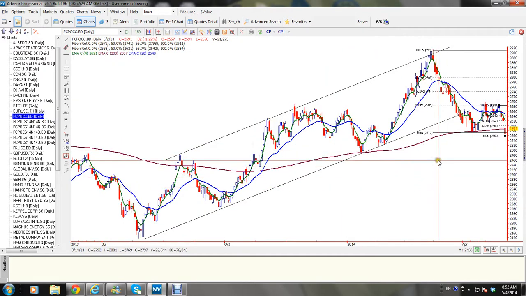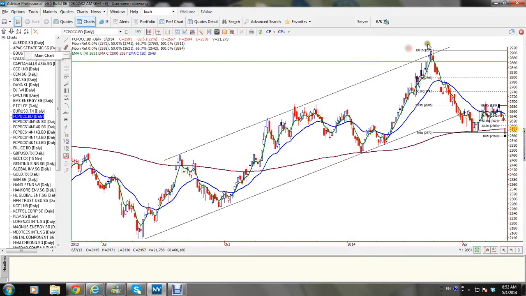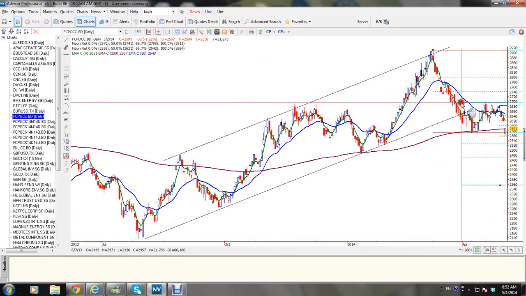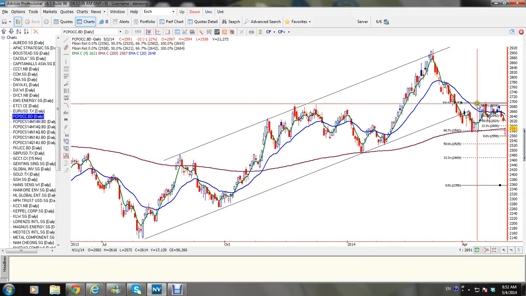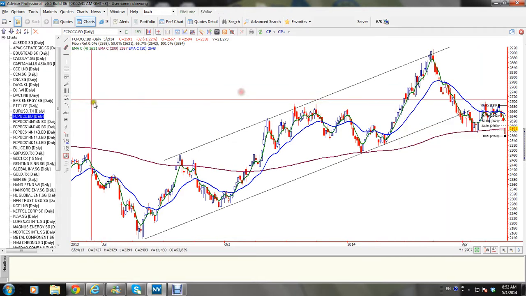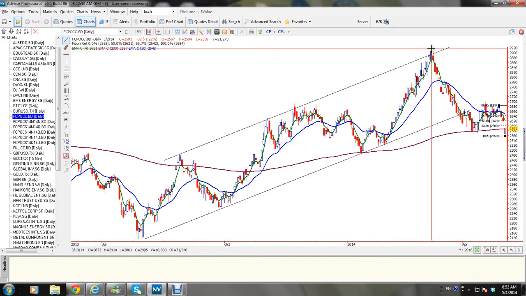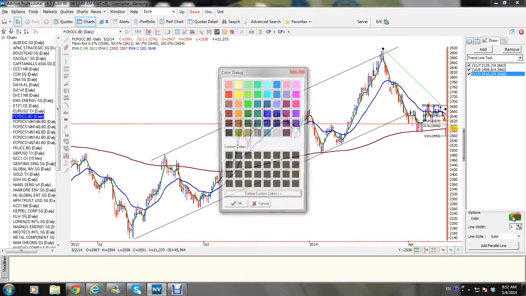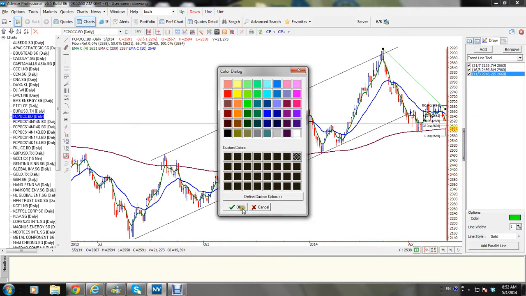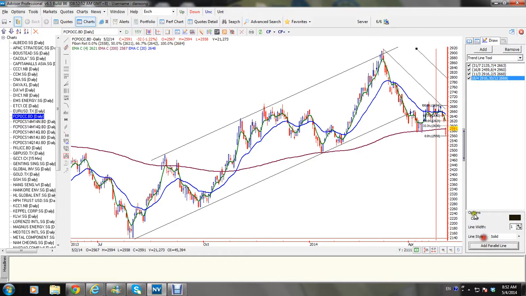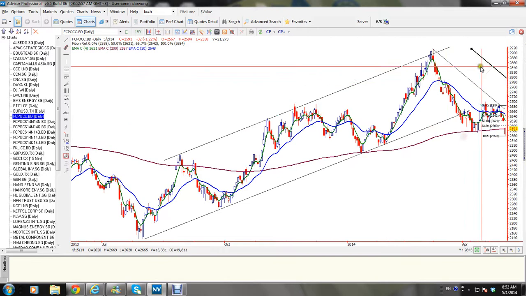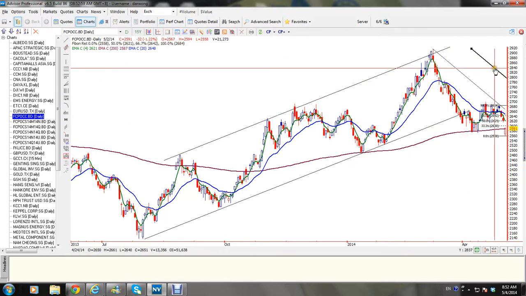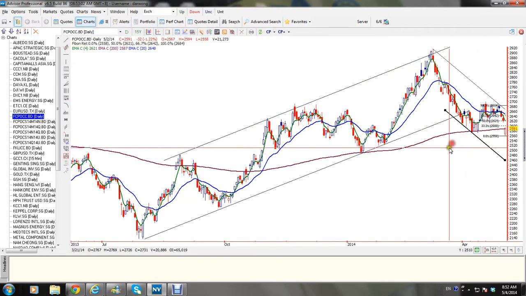Last but not least, let us do another interesting outlook by drawing a trend line. Let me delete this and draw a trend line from top to bottom. Change the color to black and duplicate it as a parallel line. Increase the width so it is a little more visible, and let's put it down here.